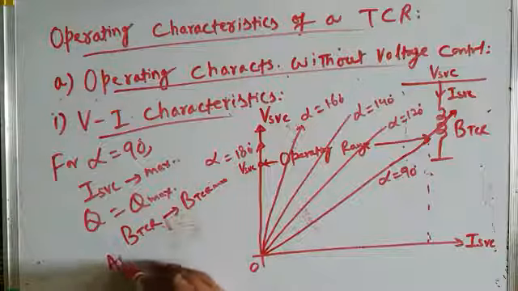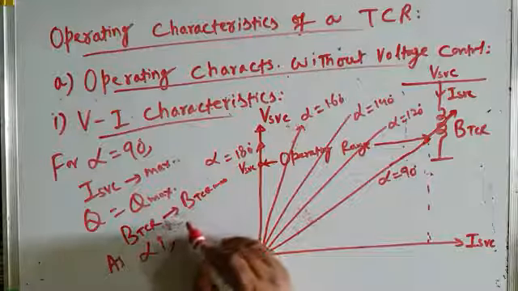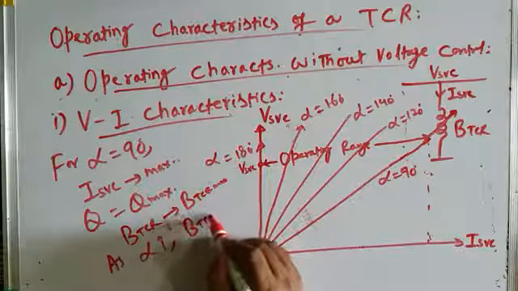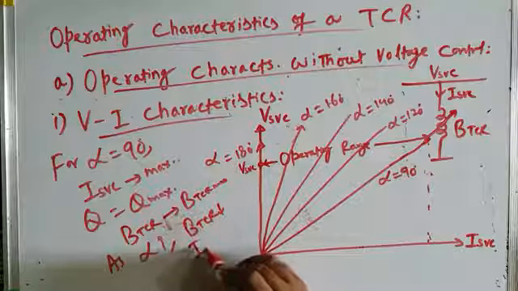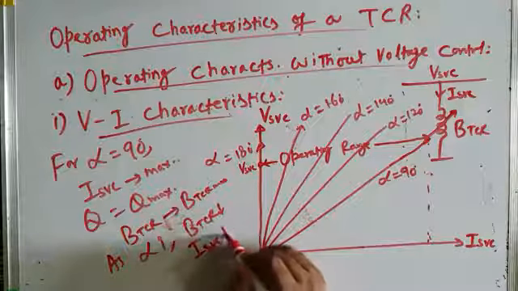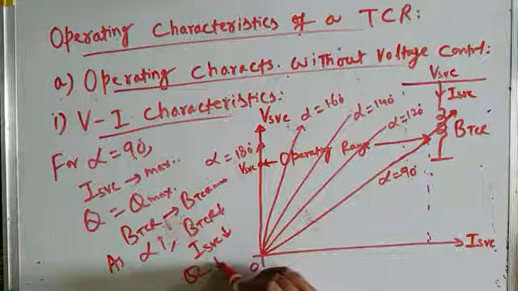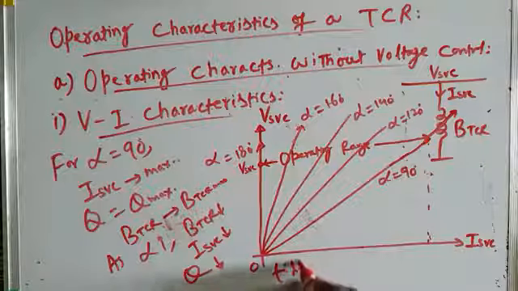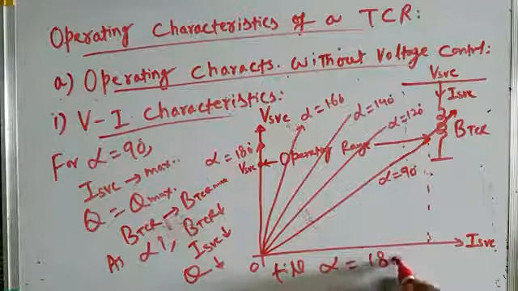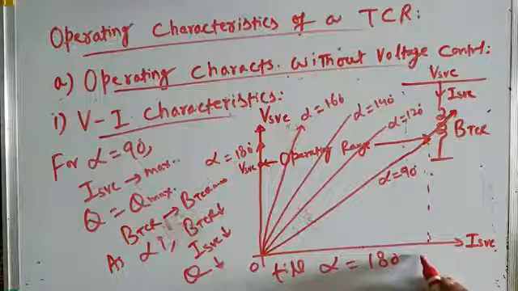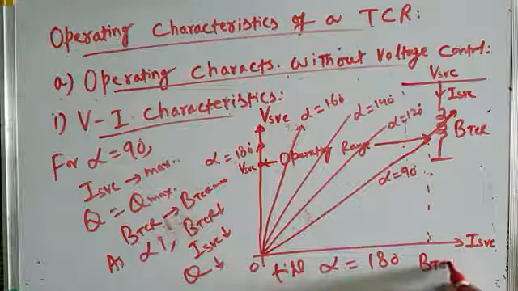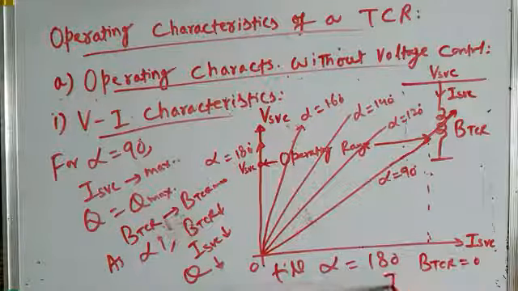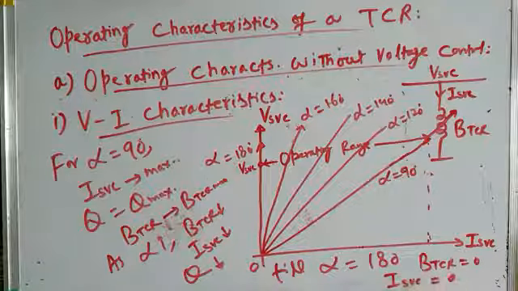And then as alpha increases, the susceptance of TCR decreases, the current drawn by TCR or ISVC decreases, and the reactive power absorbed by TCR decreases till alpha is equal to 180 degrees, for which susceptance BTCR is 0, so current is 0 and no reactive power is absorbed by TCR.